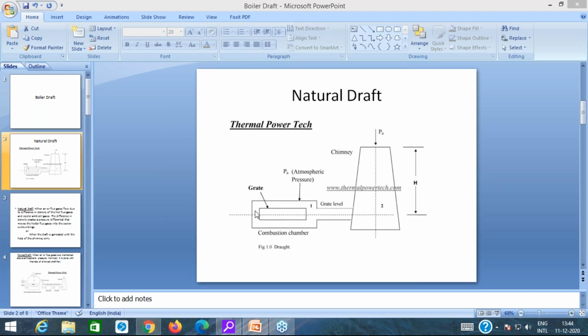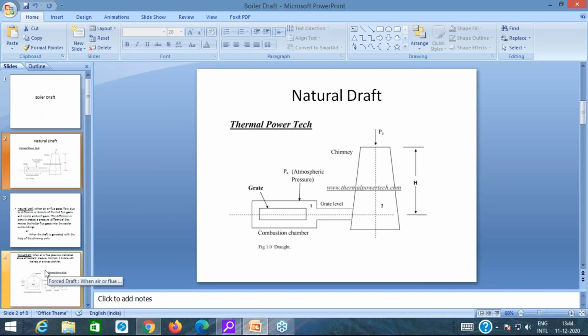Natural draft is required for circulating the air, sucking the air into the combustion chamber of the furnace of the boiler and throwing the products of combustion, that is the flue gases, through the chimney. For designing this, you need to design the chimney height. How much height should I calculate? What should be the height of the chimney I should construct in order that the air would flow through this chimney and the combustion chamber? That is called natural draft.